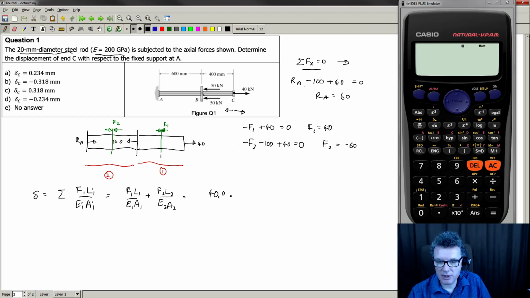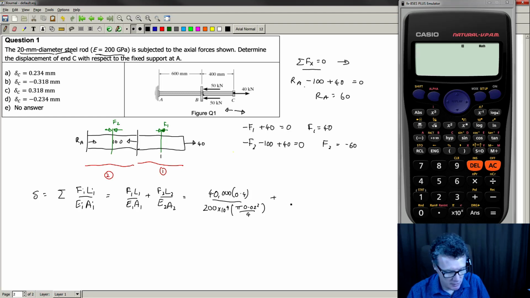So 40,000. What's the length of section 1? Well, that's going to be 0.4. E is 200 times 10 to the 9. And then I need to put in the area, so I'm going to use pi times 0.02, square it, divide it all by 4.